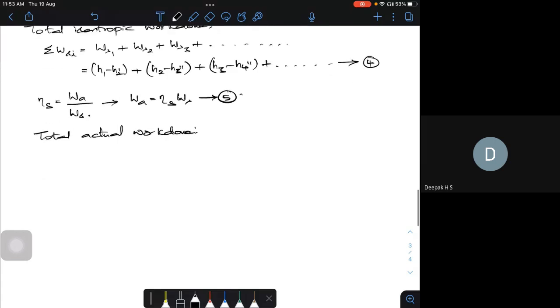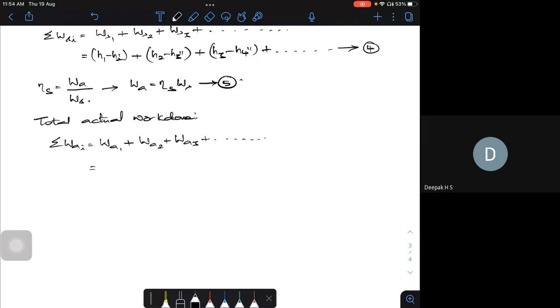What it actually is, is a summation of all the things: W_a,i, that is actual work done in the first stage, actual work done in the second stage, the actual work done in the third stage, and if there are multiple stages, I can keep adding. So I can write this as H1 minus H2 plus H2 minus H3 plus H3 minus H4, then plus more terms if there are multiple stages.